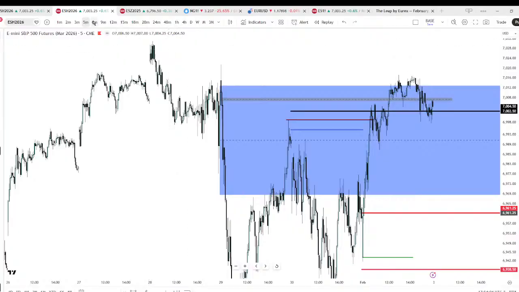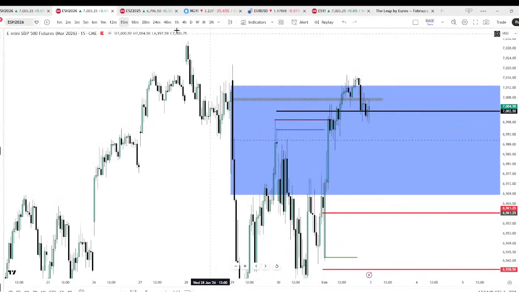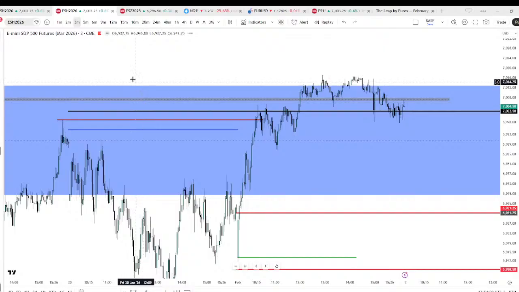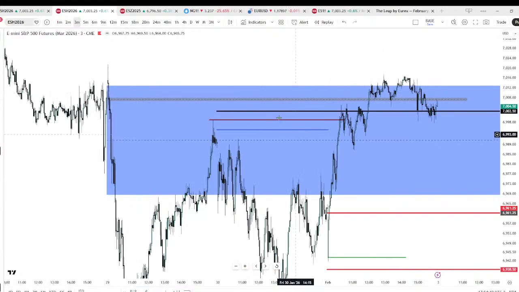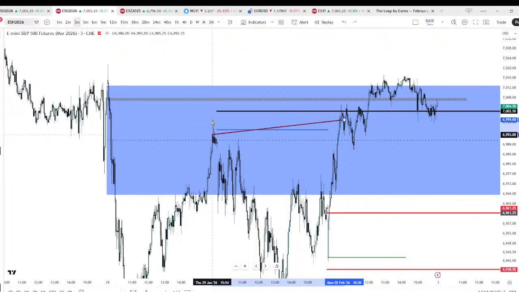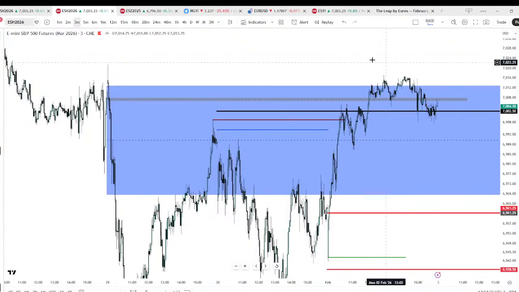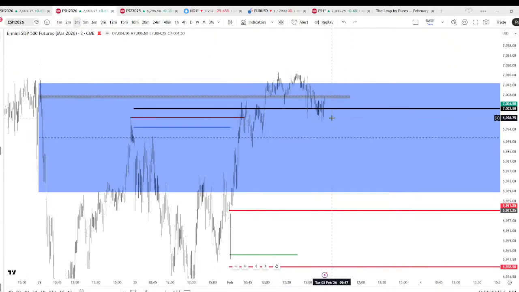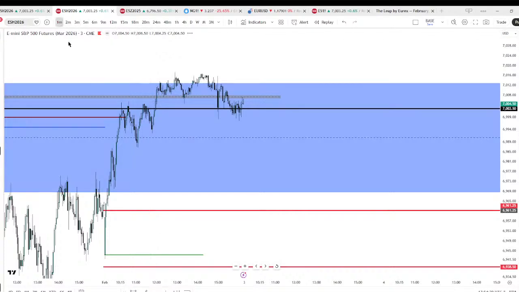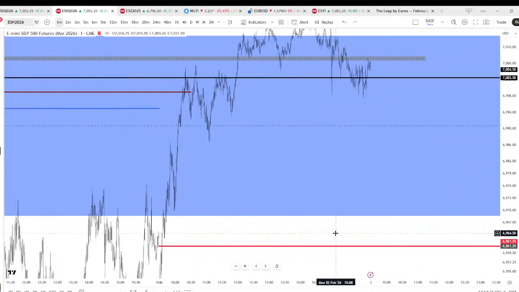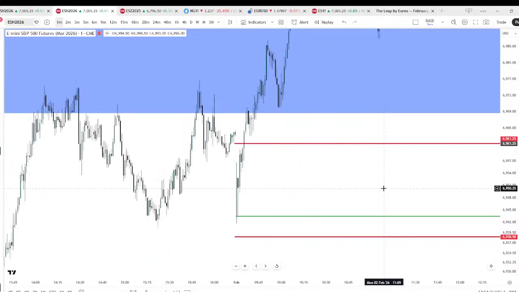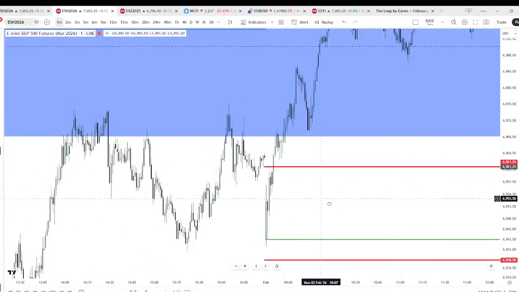There's a 5-minute imbalance. So we actually break down even further. The main thing I wanted to point out is just this blue area. So we have these drawn out here. If we actually look at our 9:30 open, we can see we were only up.